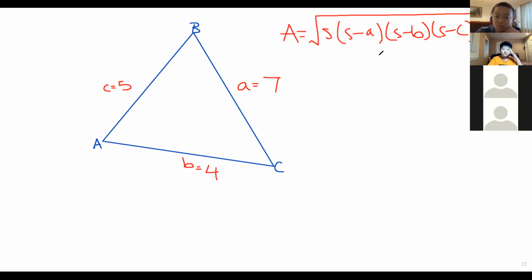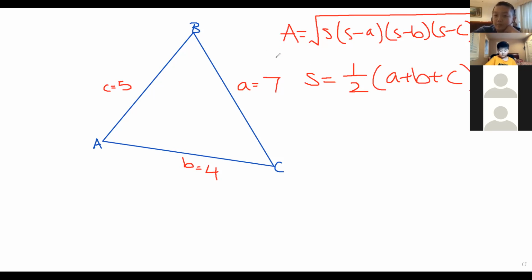A, B, and C are the lengths of each side of the triangle, right? S comes from a different formula. S is equal to 1/2 times A plus B plus C, right? A, B, and C are the same in both of these formulas, and you need both of these formulas on any particular triangle, right?